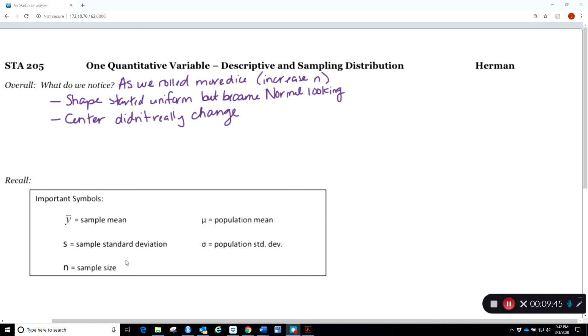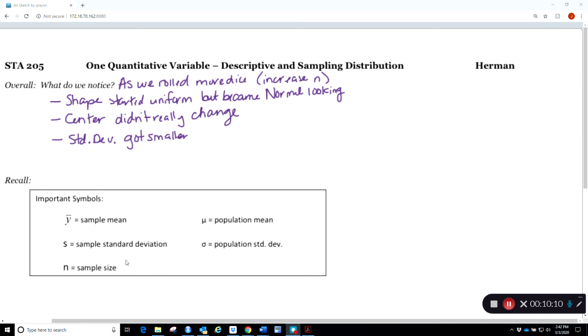What we did see a big change in was that standard deviation. So as we rolled more dice, the standard deviation got smaller, which means that our data is getting closer together. So our means are getting closer together when we take a bigger sample.